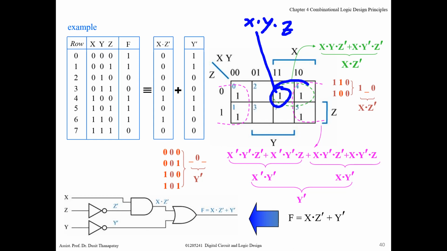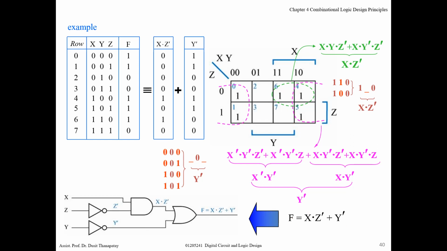But if you select two cells, your product term will reduce the number of variables from 3 to 2. And if you select 4 cells, you will reduce one more variable, namely you will be left with only one term.